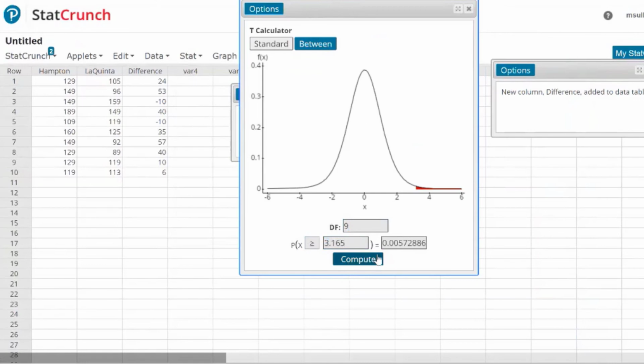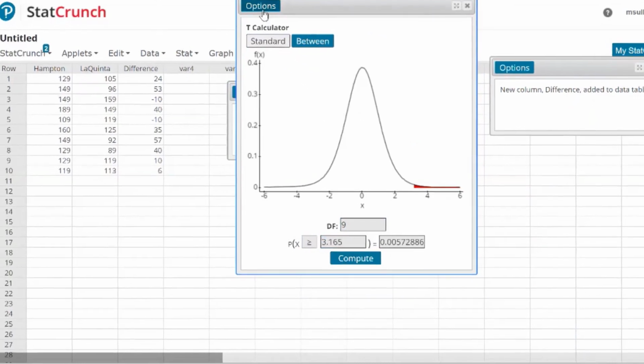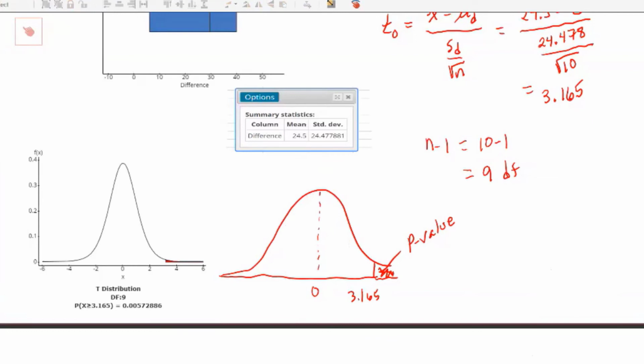Click compute, and that's our p-value. The p-value is 0.0057. Y'all see that right there? Okay. So that's what StatCrunch is going to do for us.